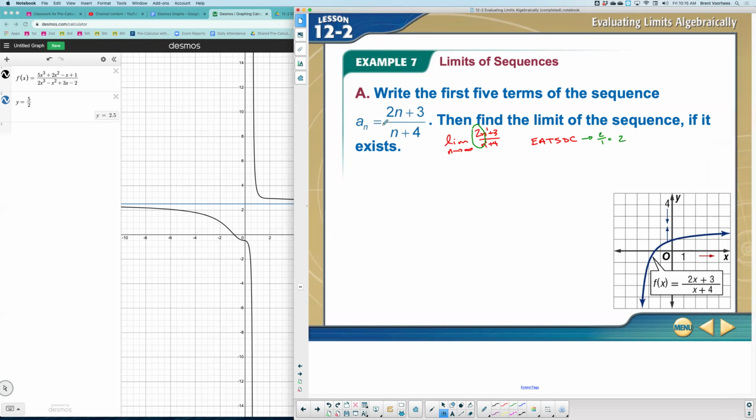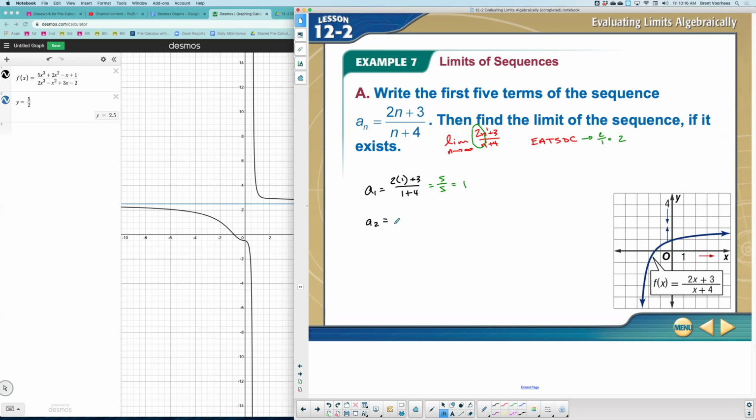But to find the first 5 terms, if you remember this, what you do is you would just call it A1 for the first term and you plug in a 1. So 2 times 1 plus 3 over 1 plus 4. And we would find that the first value, 2 times 1 is 2, plus 3 is 5, divided by 1 plus 4 is 5 equals 1. So A1 is 1.